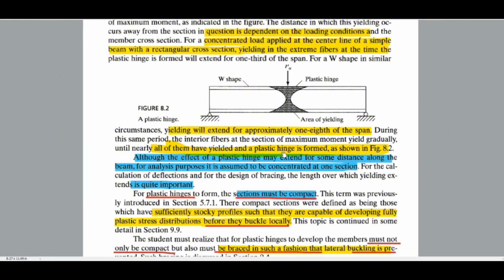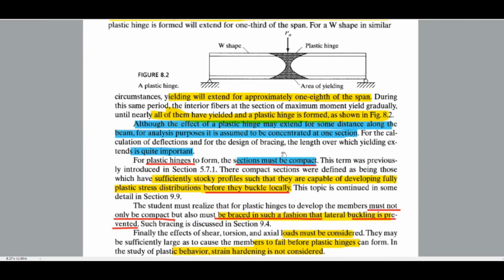For plastic hinges to form, the sections must be compact. This term was previously introduced in section 5.1. Compact sections were defined as those which have sufficiently stocky profiles that they are capable of developing fully plastic stress distributions before they buckle locally. This topic is covered in some detail in section 9.9.